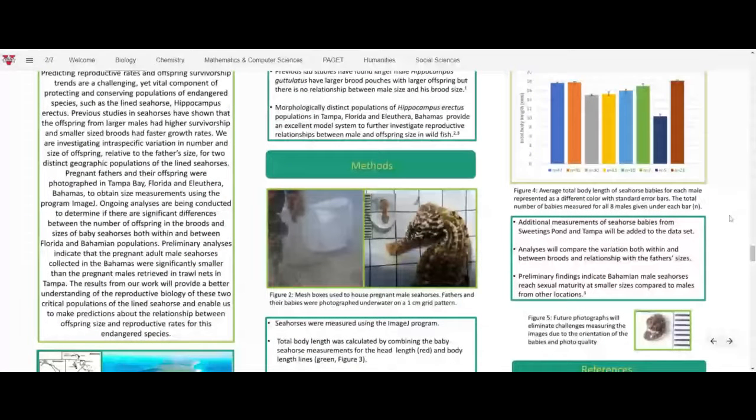The goal of this project is to compare two different locations of the same species of seahorse and their reproductive size and then their parent size. So we're comparing the male seahorse size with the number of babies that they have and the size of their babies to see if there's any correlations between the two. And it is a relatively new project, so we're still collecting data, but that's a basic rundown of what I'm doing.